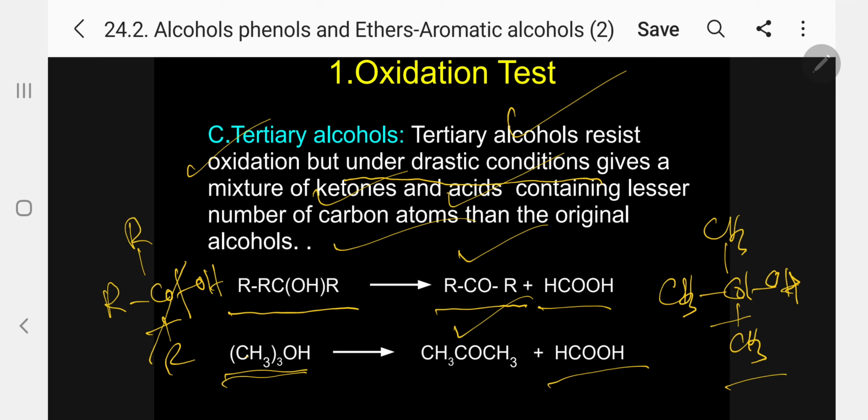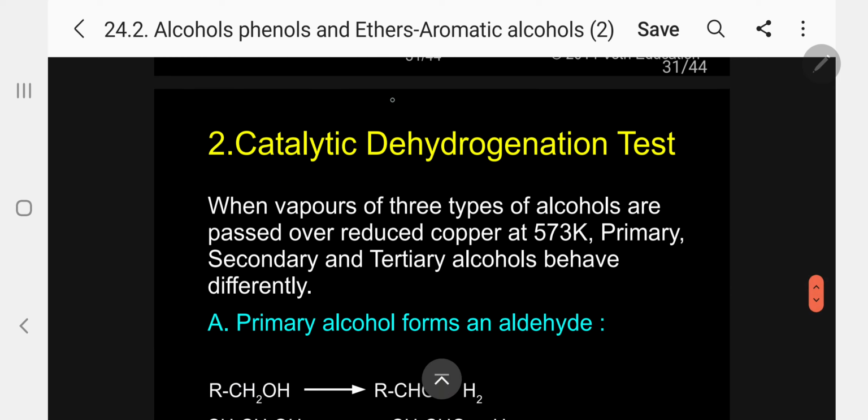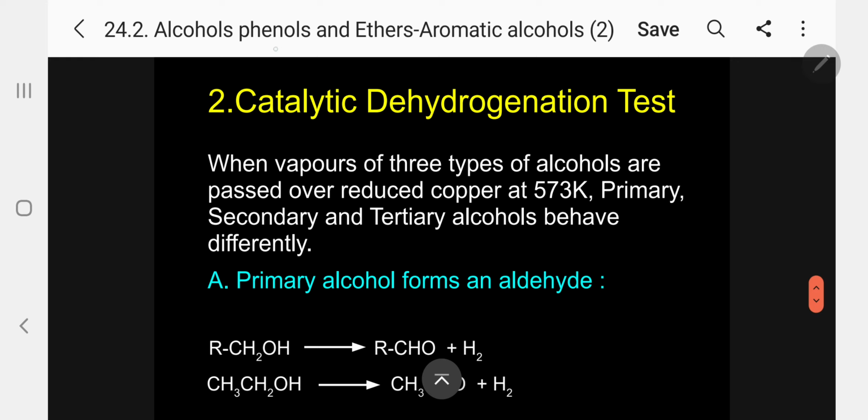But the product is finally a mixture of ketone and acid. In the first two cases only acid is the product, but in this case a mixture of ketone and acid is formed. This is tertiary alcohol. So that is the first test, the oxidation test.